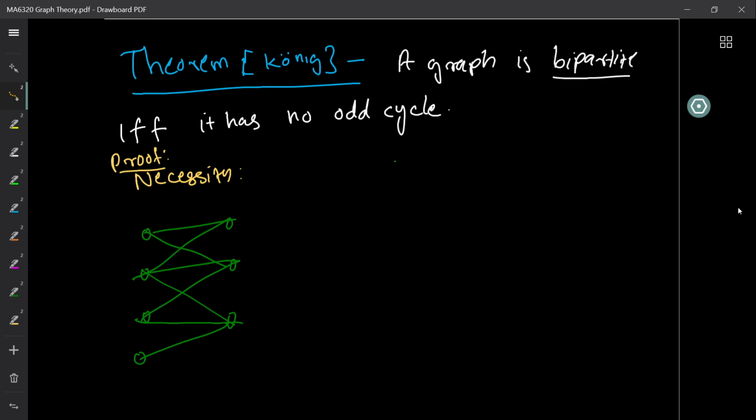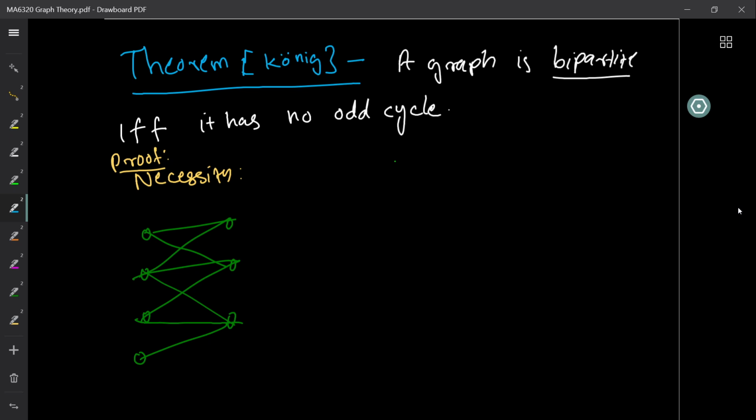Now, we already discussed, or defined, bipartite graphs, right? So a bipartite graph is a graph whose vertex set can be partitioned into two parts, where each edge has one endpoint in one part and the other in the other part. Or in other words, we said that bipartite graphs are those which can be partitioned into two independent sets. Right? Now, how do you prove this theorem? So this theorem is due to Koenig, and this Koenig has nothing to do with Königsberg. It's the name of a person.